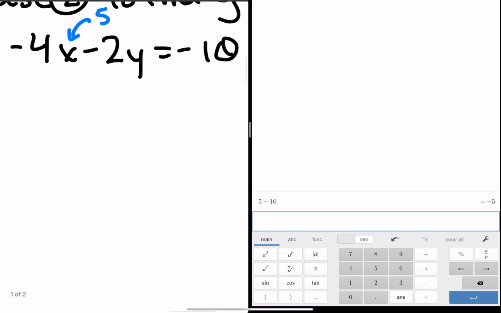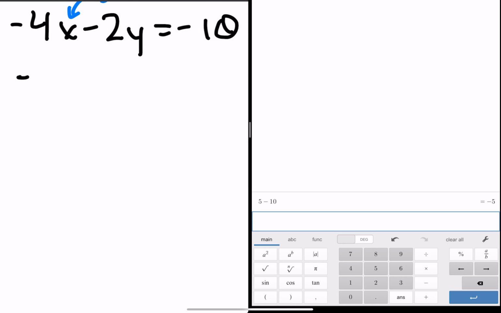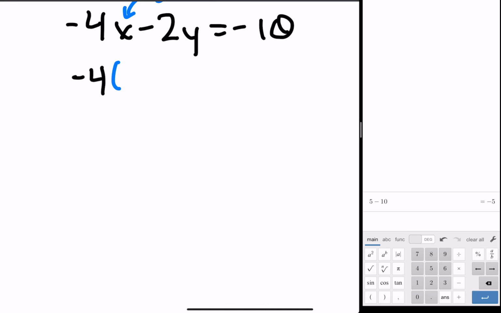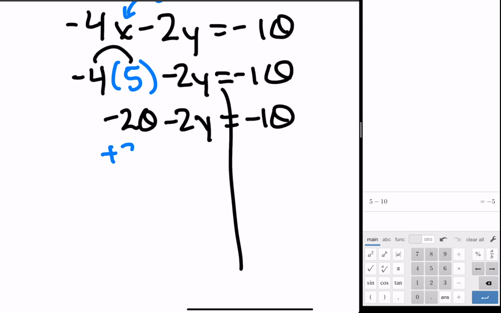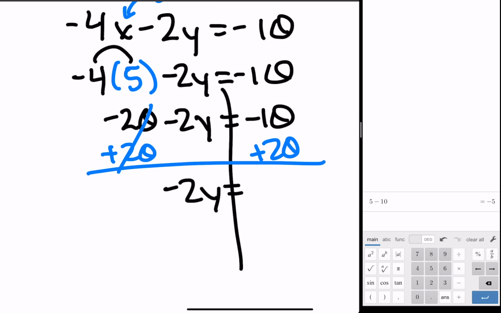This gives us negative 4 times 5 minus 2y equals negative 10. Negative 4 times 5 is negative 20. So we have negative 20 minus 2y equals negative 10. Add that 20 on both sides. This leaves us with negative 2y equals 10.